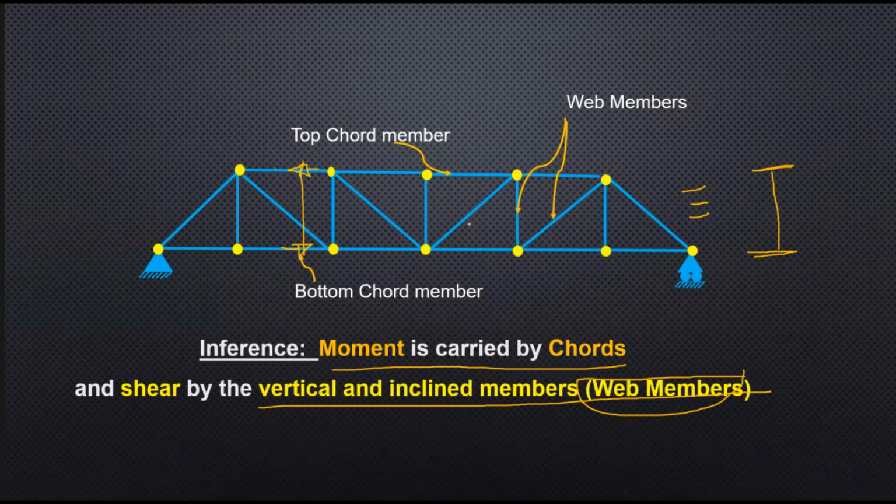Right. Coming to the web members, they will take the shear. So whatever the loading, the shear variation is resisted by the web members. I would also mention one thing I've observed: because of the shear rigidity, bending rigidity appears in any member. Even if you take a solid prismatic beam, because of the shear rigidity, bending moments happen.